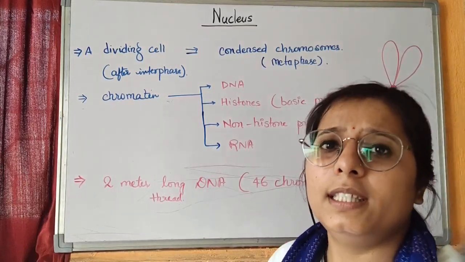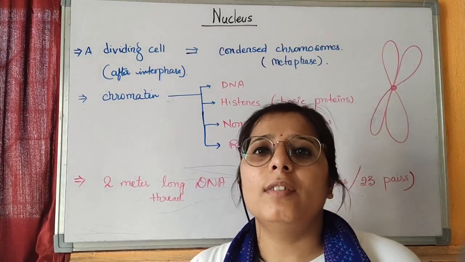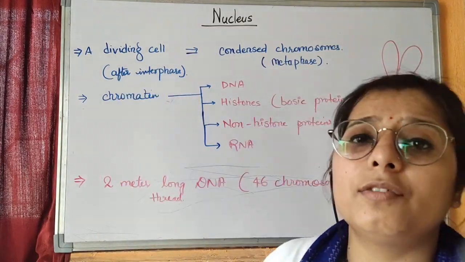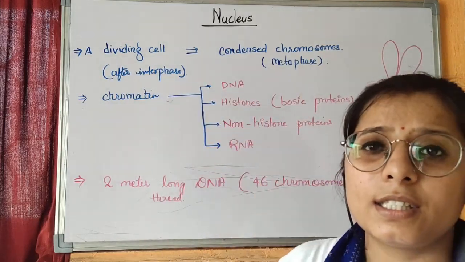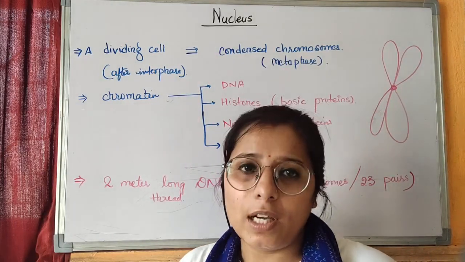Now, after studying the non-dividing cell, we will study the dividing cell. A dividing cell, or a cell after interphase, shows the condensed chromosome structure, that is, the condensed chromatin fiber.